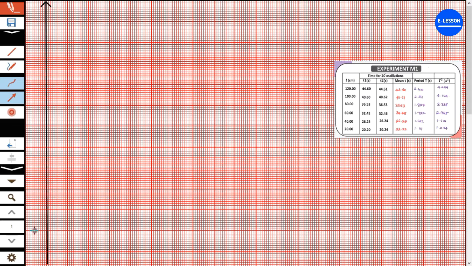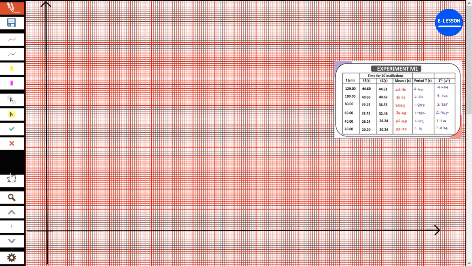Let me take it a little bit up here, right? Let's end it here, and we are going to name this the x axis. Are we getting it now? So come up here and then name our lines. So here we say this is what? Y axis, and then here is what? X axis. Are you getting it?